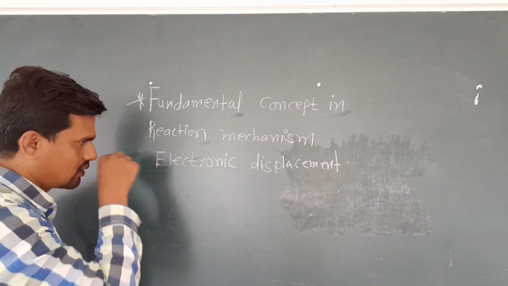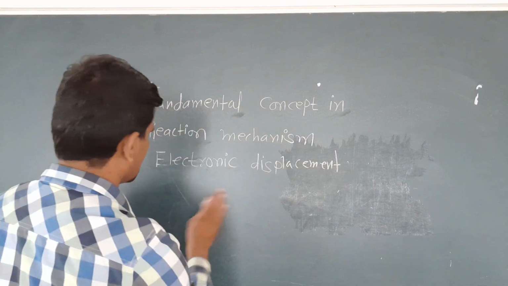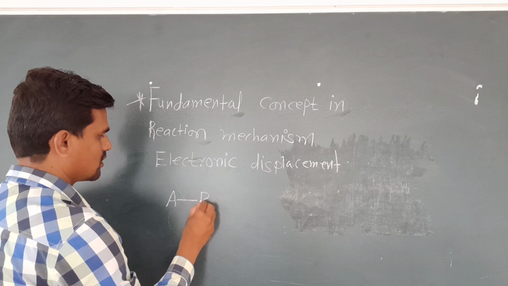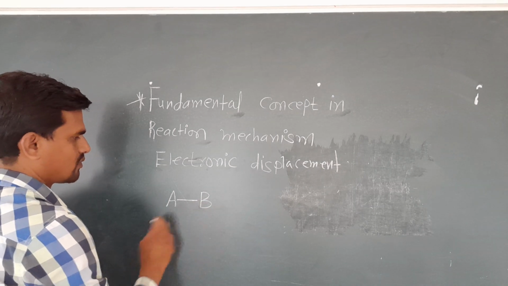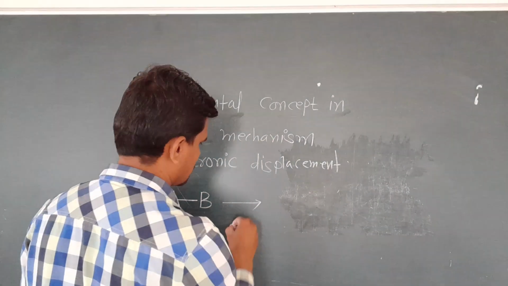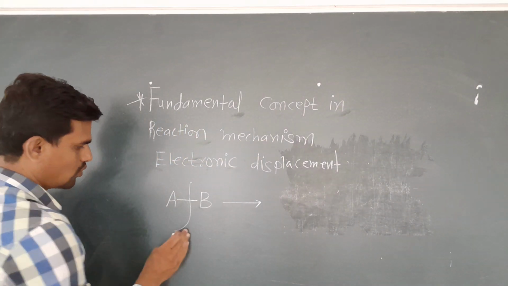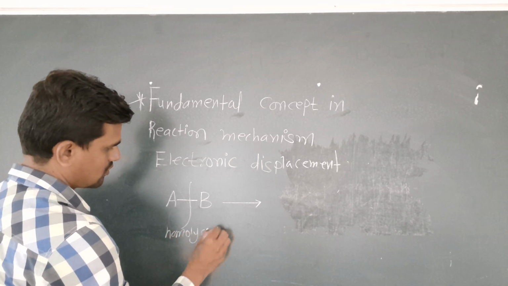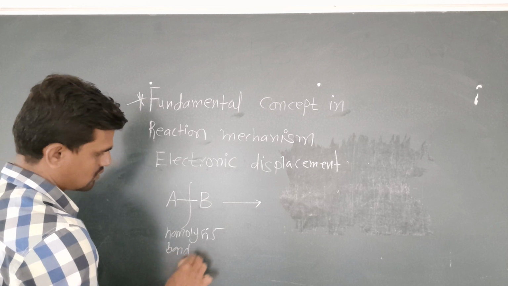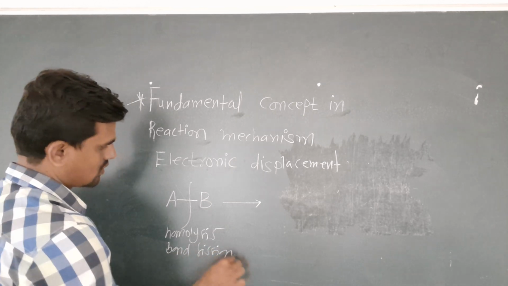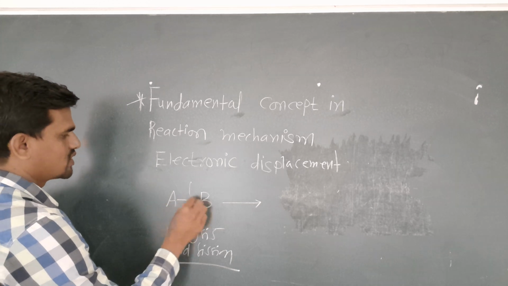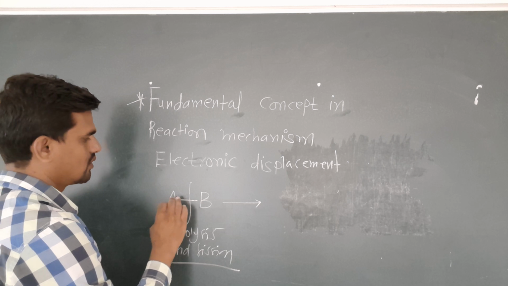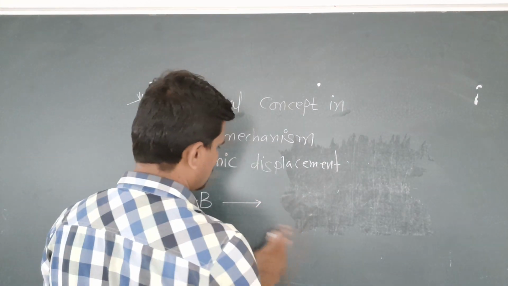then how does the electronic displacement take place? If there is a bond between atom A and atom B, and this bond breaks by homolysis bond fission, the electron displacement is in equal form.